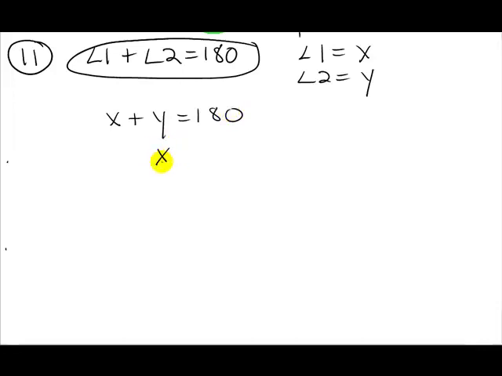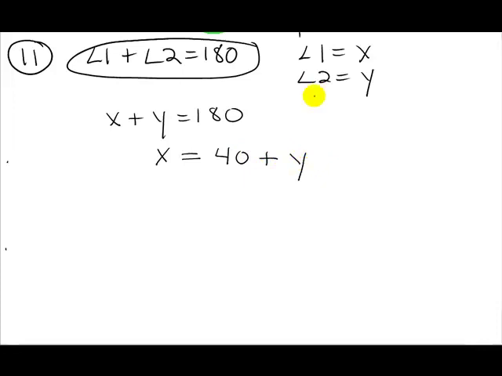So the first angle is, that's my equal sign, 40 degrees larger than, so 40 more added to the second angle.